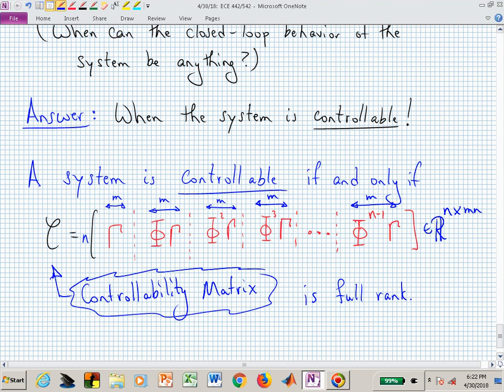In our case, in this class, a lot of times we're going to restrict this to only having one input. Little m is equal to 1.